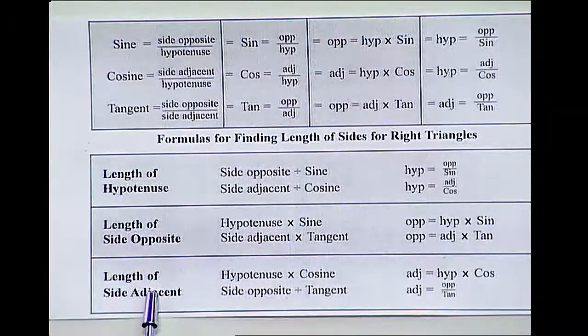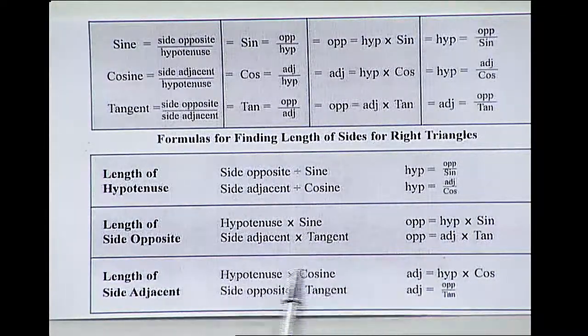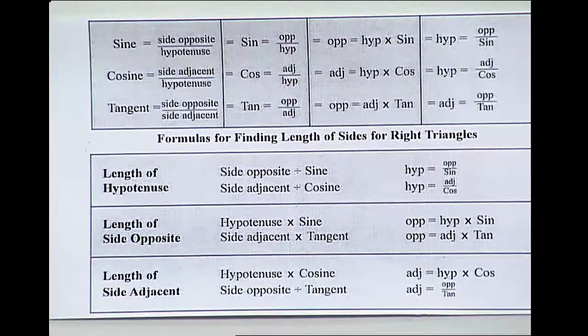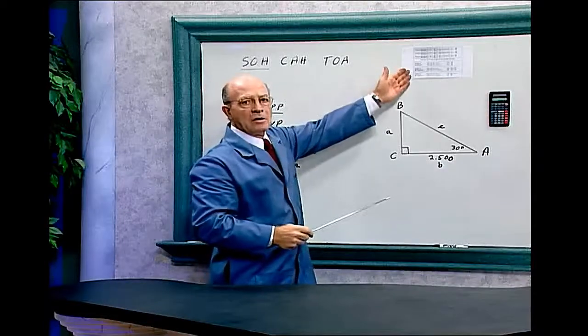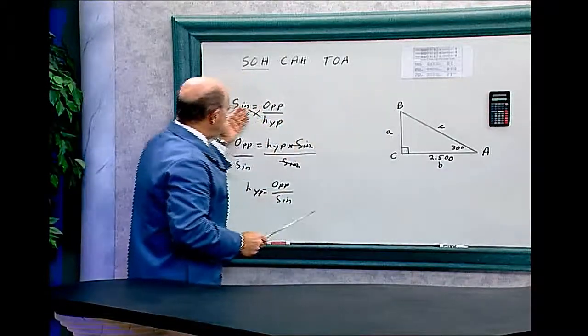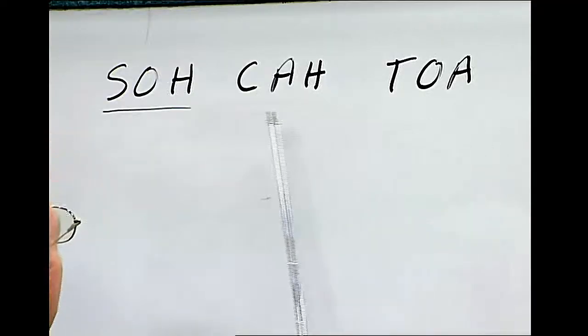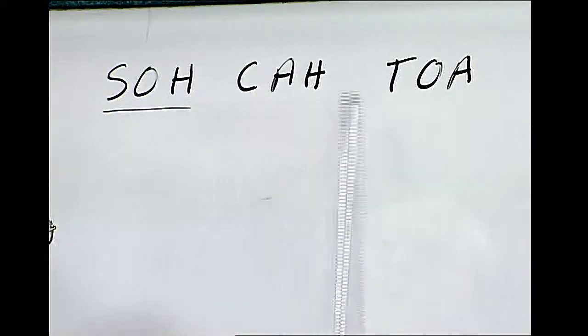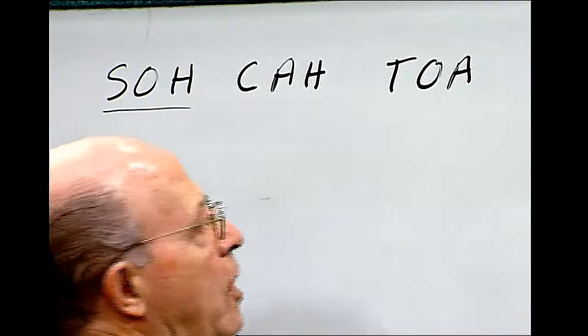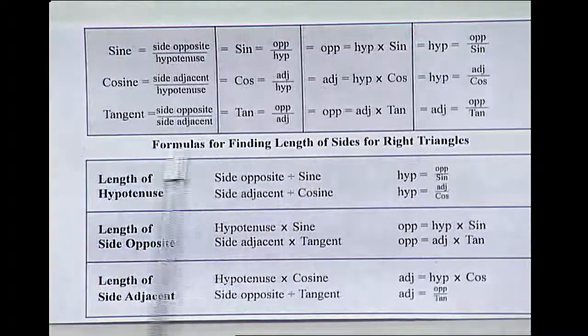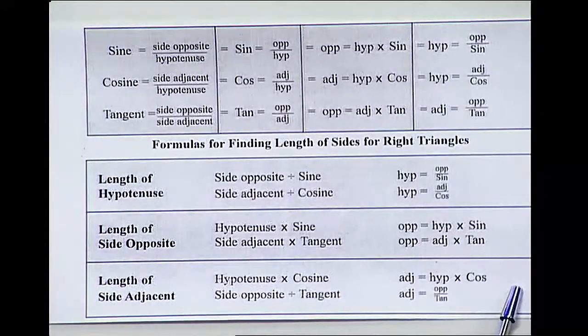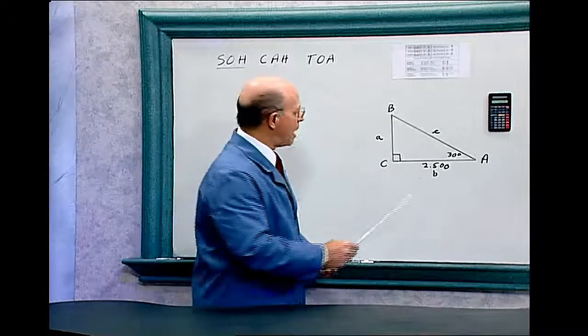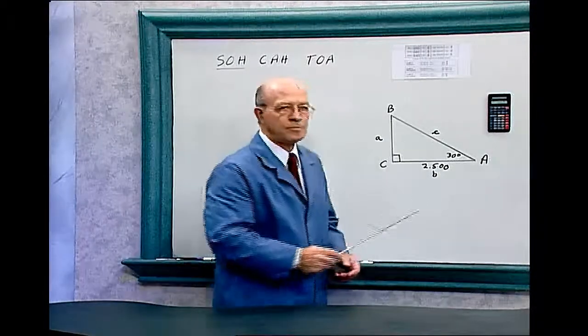And length of side adjacent is hypotenuse times cosine, or side opposite divided by tangent. This is just a handy chart. So all we have to do is memorize SOHCAHTOA, and then we don't have to memorize all these various formulas to find solutions.